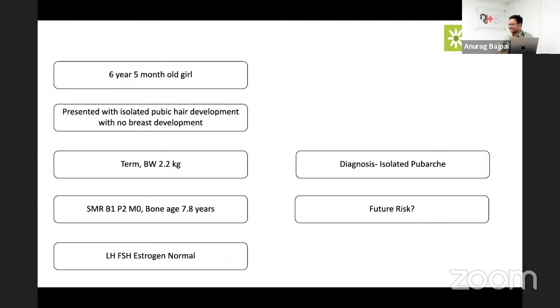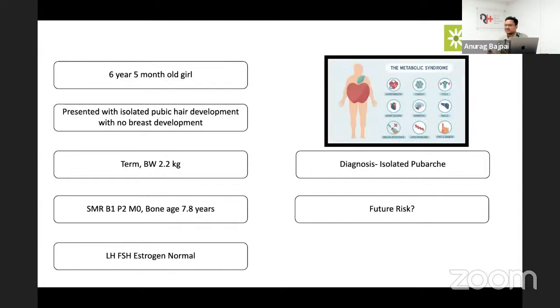This is the SGA girl who has a rapid catch-up, and precocious puberty may be the first sign of insulin resistance. So there is a risk of developing PCOS, hyperandrogenism. So people are mentioning that. Hyperandrogenism, type 2 diabetes, insulin resistance, they all can happen. Carry on.